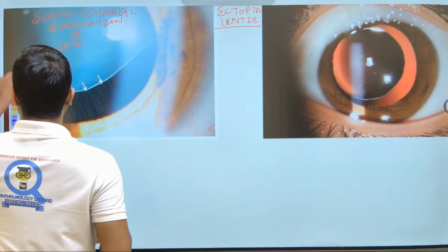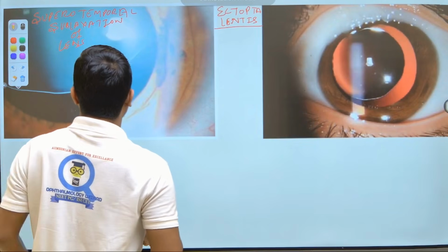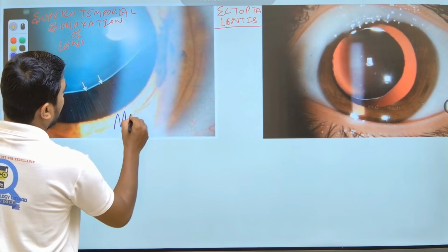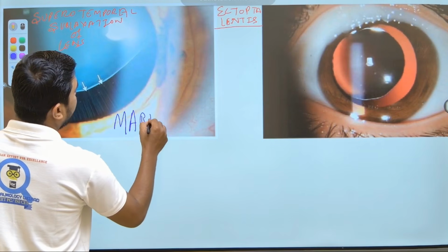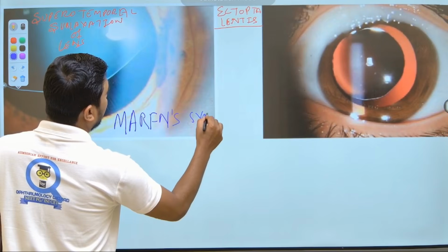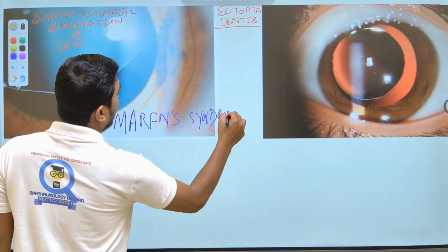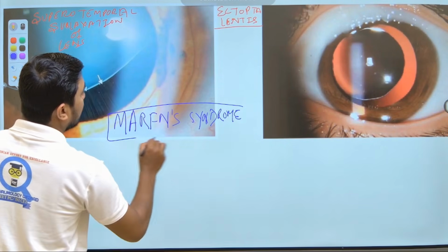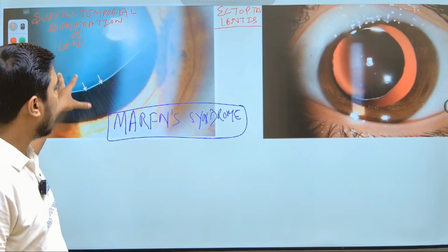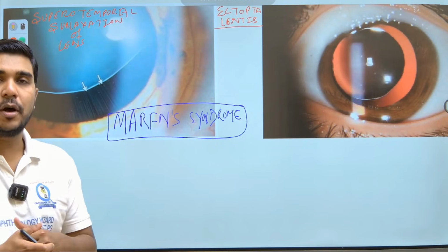Anyone? Obviously, it should come to your mind quickly. It will be seen in Marfan syndrome. Understood? Superotemporal subluxation of the lens is seen in Marfan syndrome.